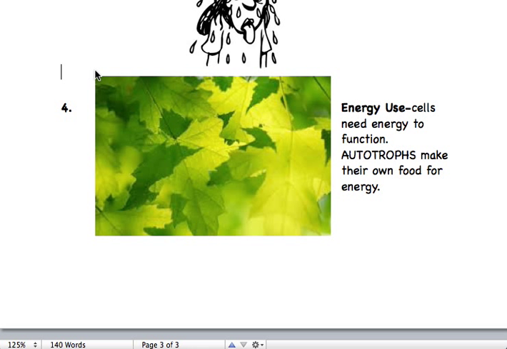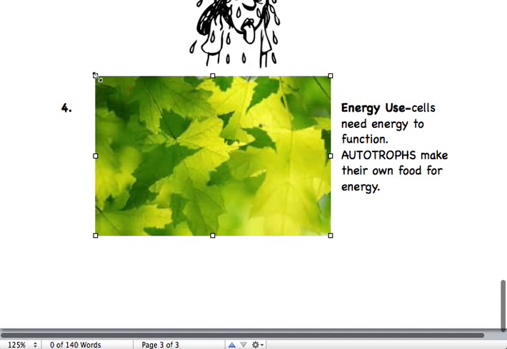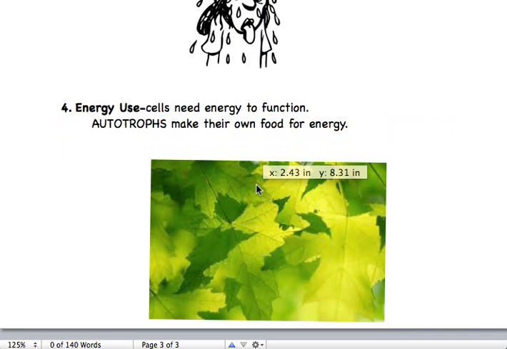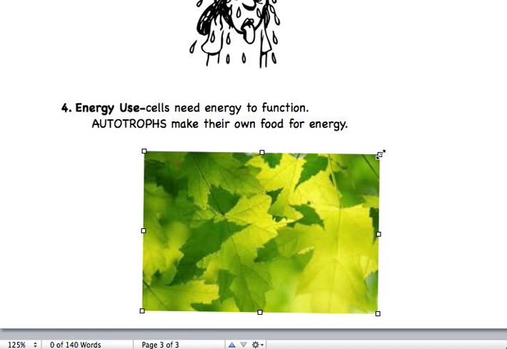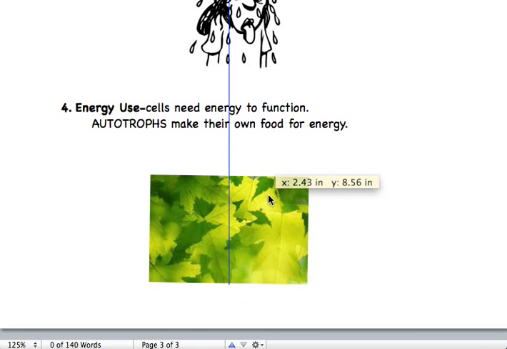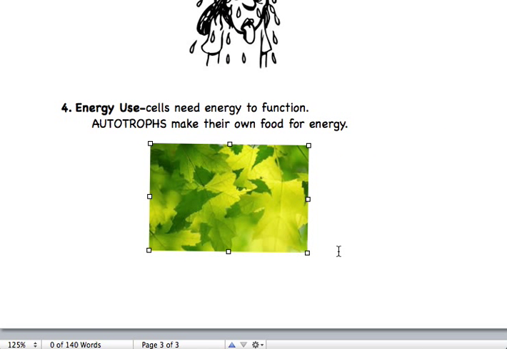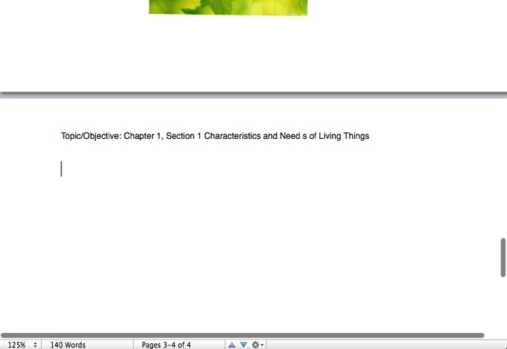They make their own food using the energy from the sun to photosynthesize. And you really don't need to know anything other than that for the purposes of our next assessment. Later on, we'll go over photosynthesis.